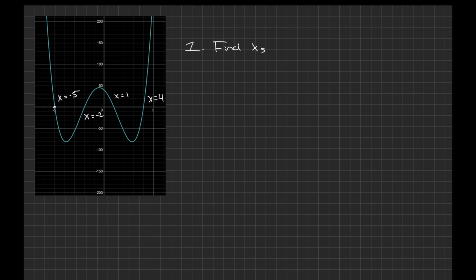And so what we're going to do is write f of x is equal to a times x plus 5, because remember we want to invert the sign so it's equal to 0 once we put the x in, times x plus 2 times x minus 1 times x plus 4. Just like that. And so this is the solution to this problem.